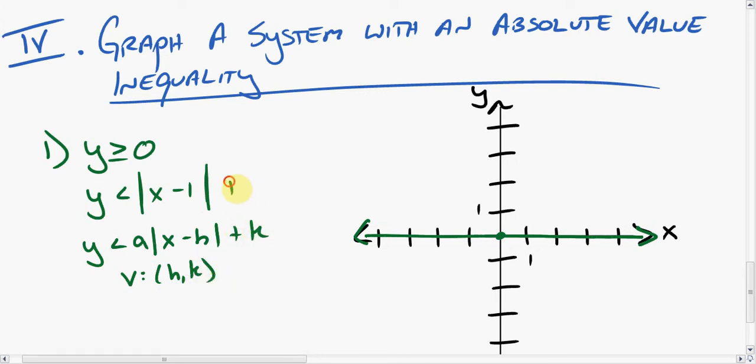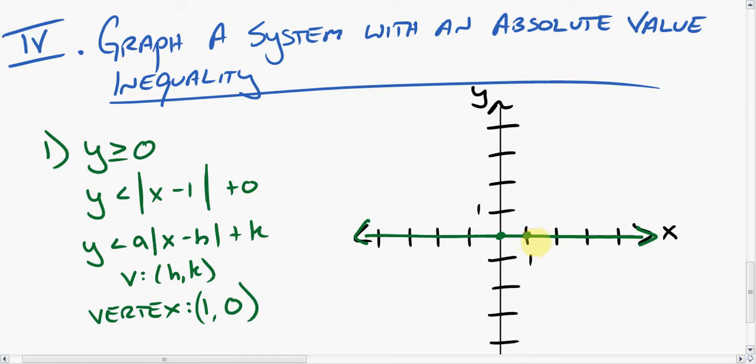So what's our k out here? That's a plus 0. What's our h? It's the opposite of this value because of that negative. So our vertex is actually 1 comma 0. The opposite of negative 1 is 1, and then we take whatever the k is. So our vertex is 1 comma 0.